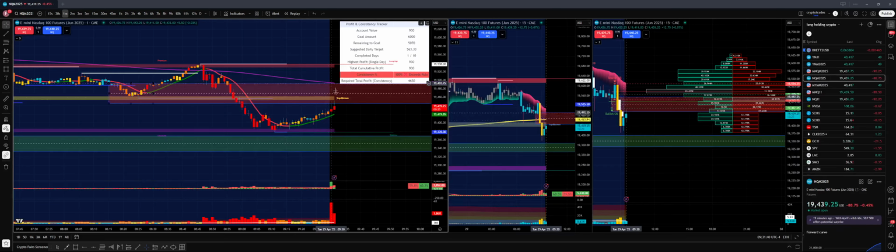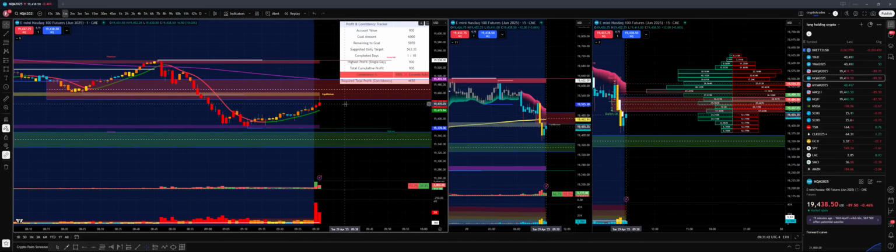We analyze this and then we execute off of our analysis. Would have been nice to grab right there, but it's not the strategy. This is why we follow the strategy, because now we would have been just losing the trade right now.